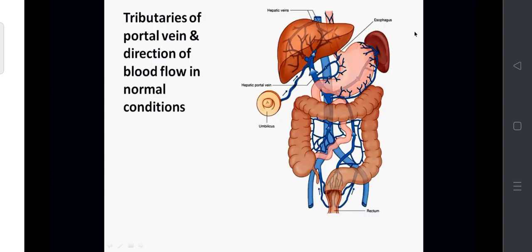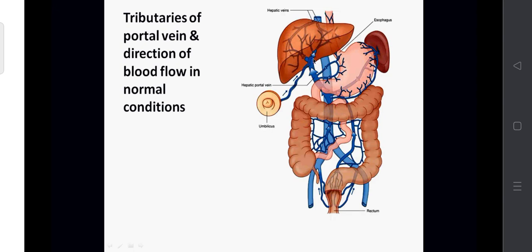Now direction of blood flow in normal conditions. Here we have discussed the tributaries, the left gastric, the right gastric, the superior mesenteric. The blood from these veins drains towards the liver. Here is the para-umbilical vein, which is a tributary of left branch of portal vein. In normal conditions, the blood flow is towards the liver.